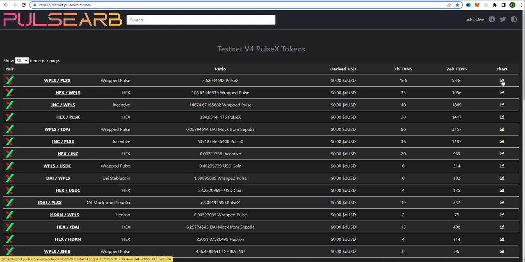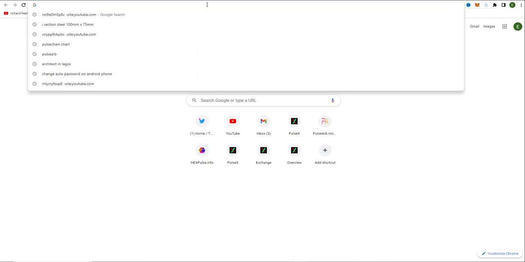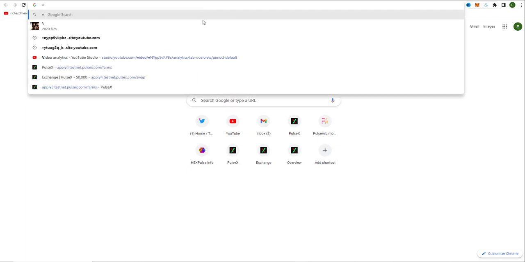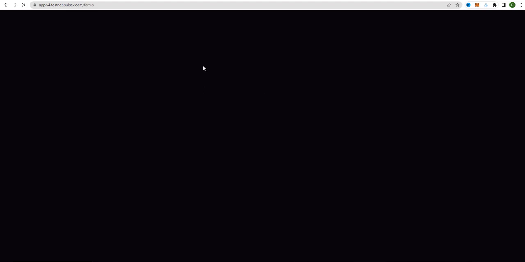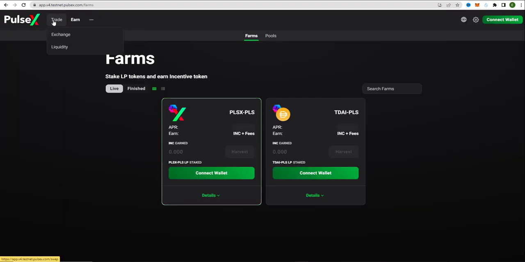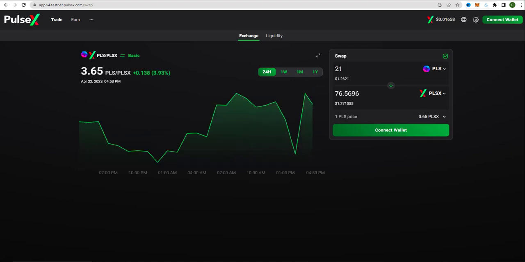You've entered the value into PulseX, our website. Let's go here. You enter it into V4, into the trading port here. Then let me go to the trade here. Here we have one PLS to, let's say, 3.6 PLSX.